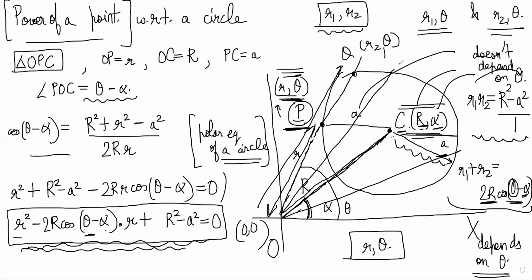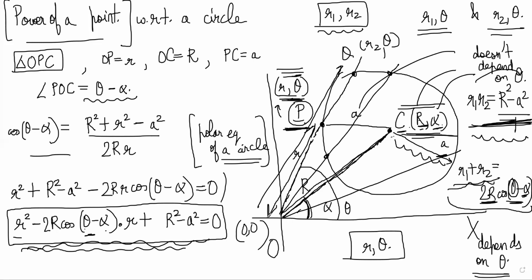Many different thetas are possible, and they will still intersect the circle and you will still get 2 points, but the theta will be different. The sum of the roots will be different, but the product of the roots is going to be fixed. It won't change with the position or slope of the line. The product of the roots is always going to be equal to capital R square minus A square, right?